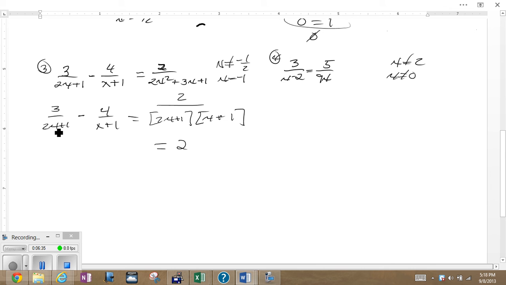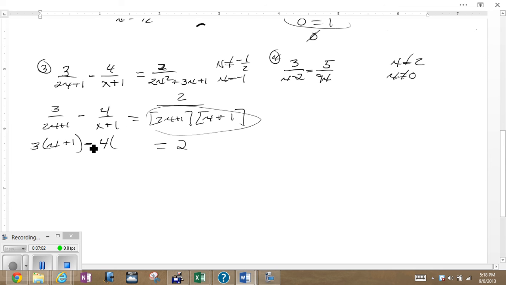Hopefully you can see when multiplying this term over here by the common denominator, 2x plus 1, x plus 1, the 2x plus 1 is going to cancel out, leaving us with an x plus 1 to multiply the existing 3. So we have 3 times x plus 1 minus this common denominator multiplying the second part.